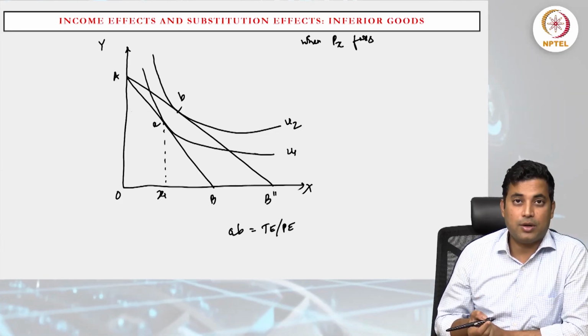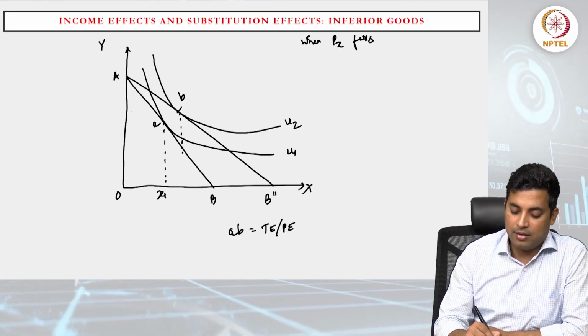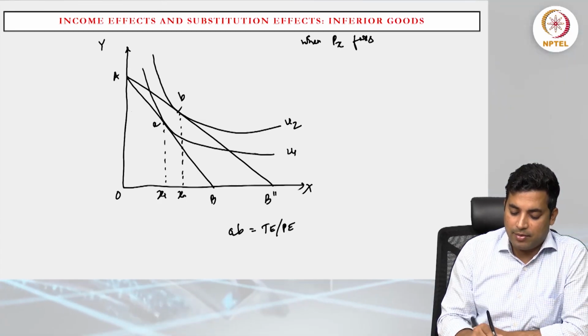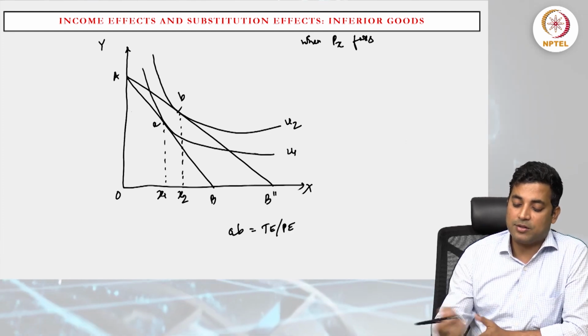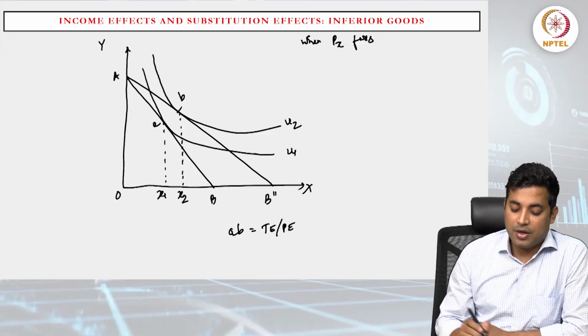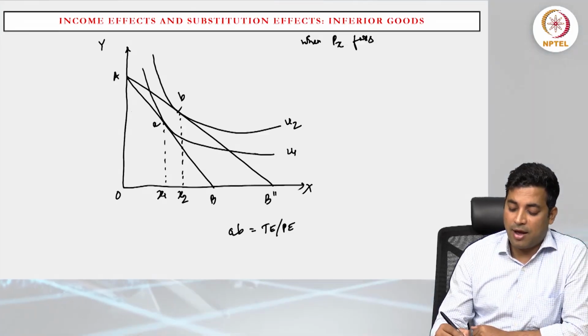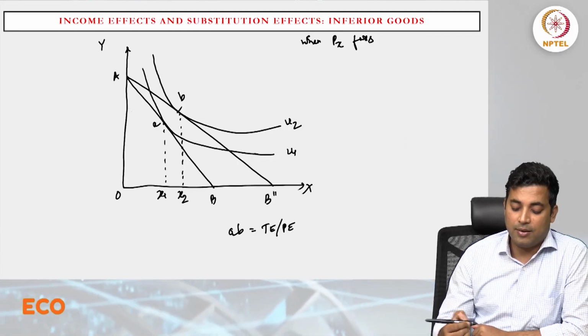x1 amount of quantity demanded for x, and B is again a higher demand for x because the price of x falls. So now of course U2 is a higher utility than U1.